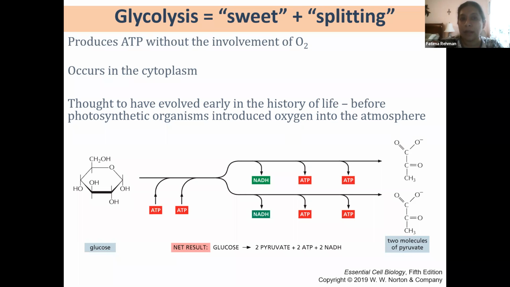So the word glycolysis simply means, glyco is with the sugars and lysis is splitting or breaking apart. So it literally means exactly what it does, sugar splitting or sweet splitting. It occurs in the cytoplasm, so there's no mitochondria involved in this first step.